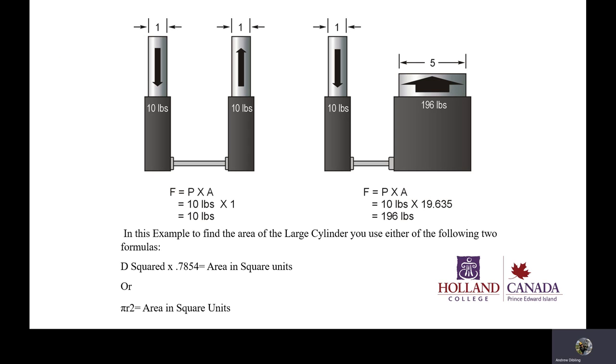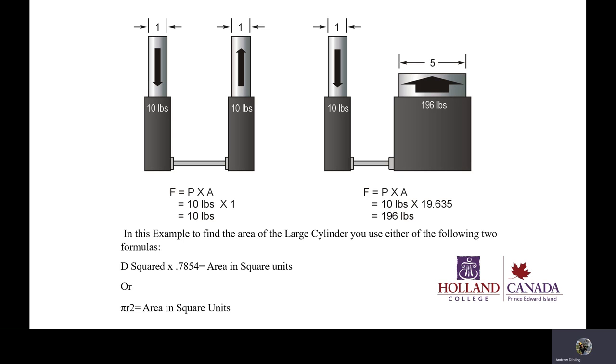Okay, so here we have an example. We have a 1-to-1 ratio here, 10 pounds in, 10 pounds out. 1-to-1, there is no change in area. Now, in this case, we have a change in area. We have a change from 1 to 5. So, of course, I'm going to find the area in square units, square millimeters, square inches, and I'm going to find that this is now going from basically 1 bar over here, right, to 10 bar over here.